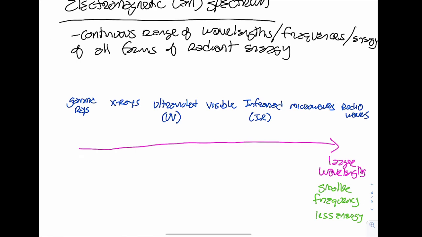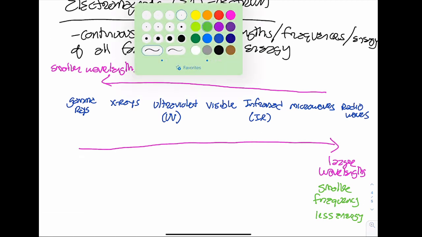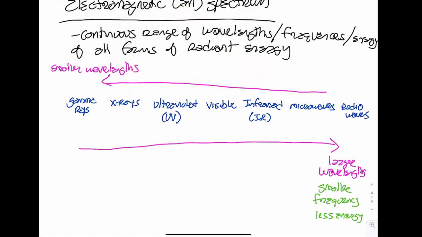Energy and frequency are directly related. If I go to the other end, these are going to have smaller wavelengths, larger or higher frequency, and then higher or more energy. Gamma rays being the most energetic of all forms of electromagnetic radiation.